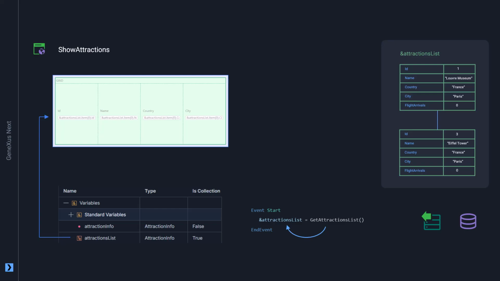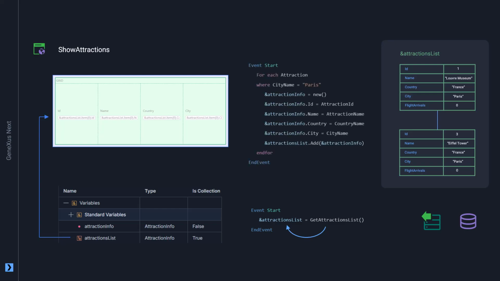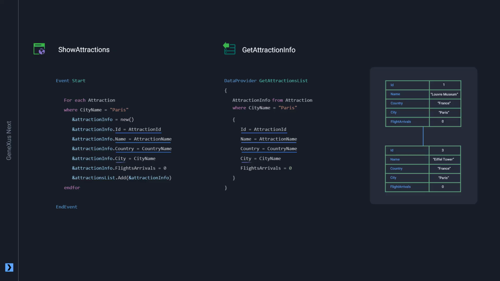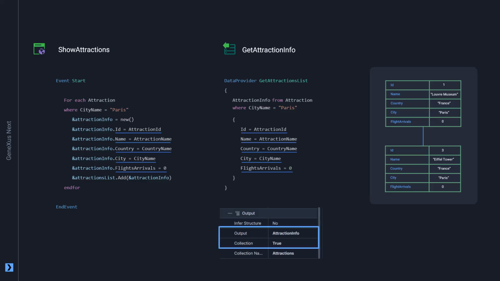In the web panel, we did this via code using the for each loop. In the data provider, it will be analogous, which signifies that the output will be a collection composed of items belonging to the attraction info SDT type. These are these two properties.